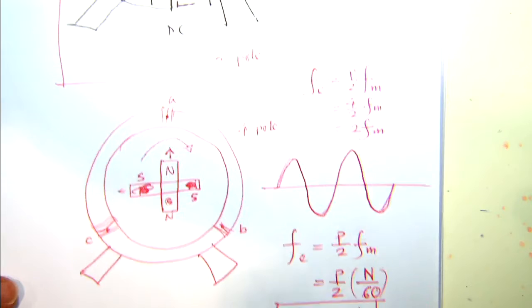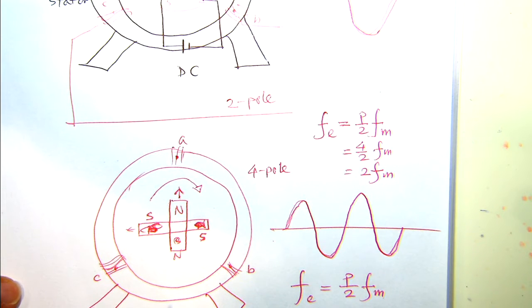Now, when we consider this type of rotor, for simplicity, for easy understanding, we have shown that this will create a sinusoidal wave.